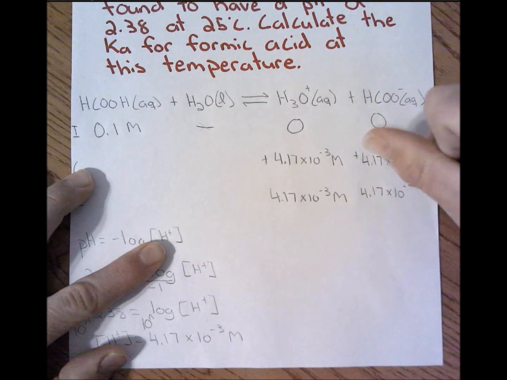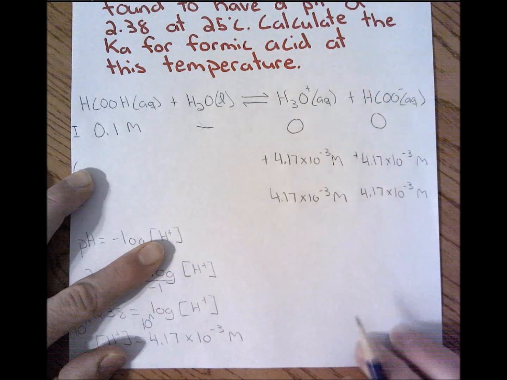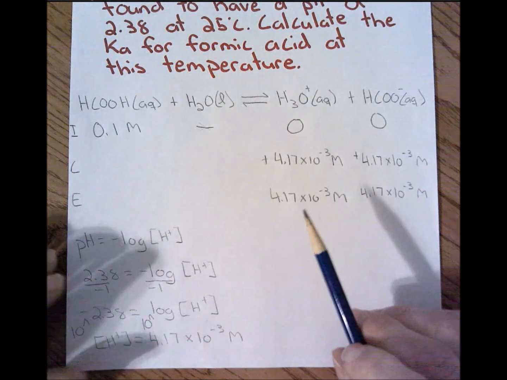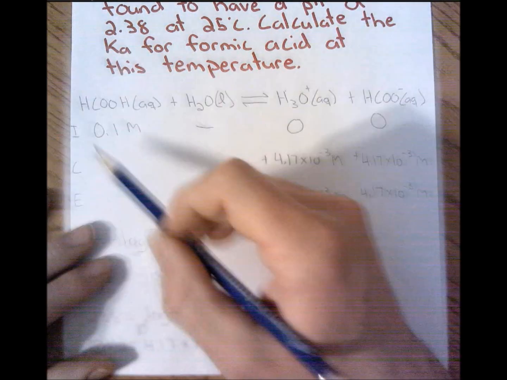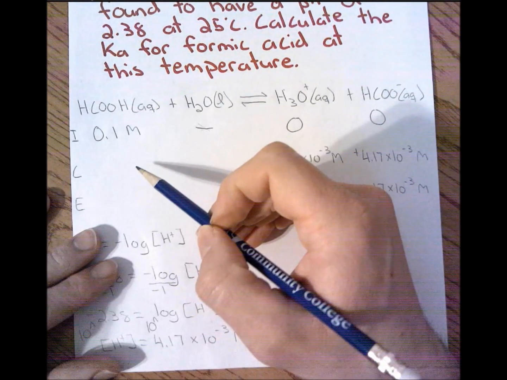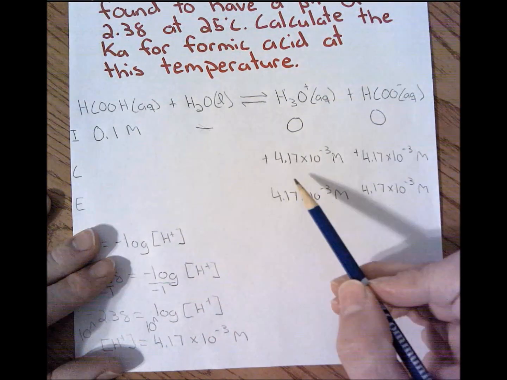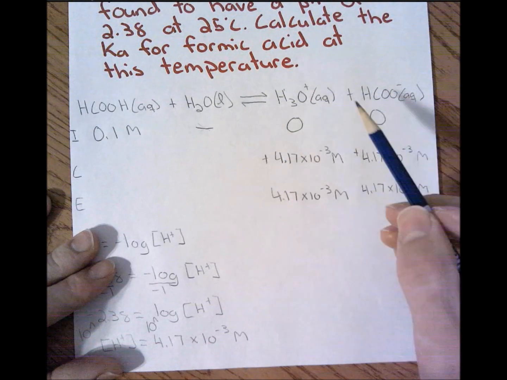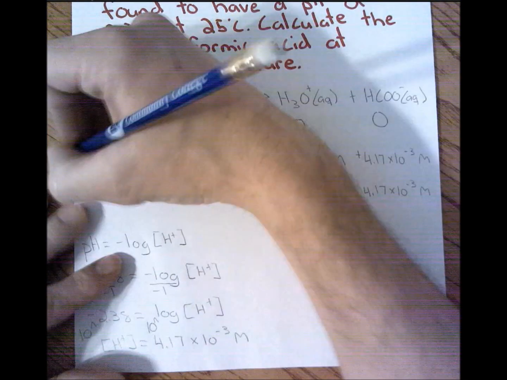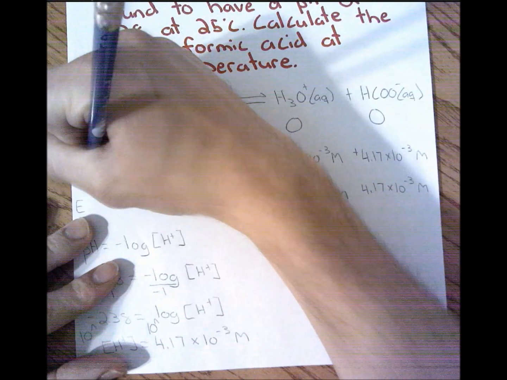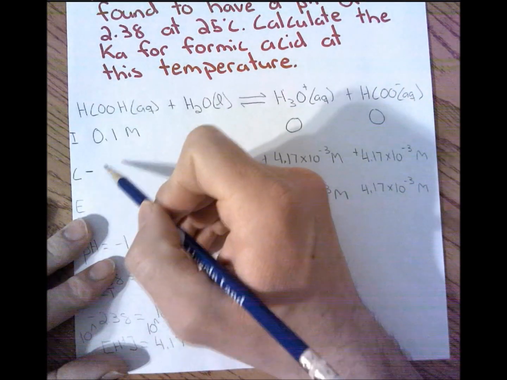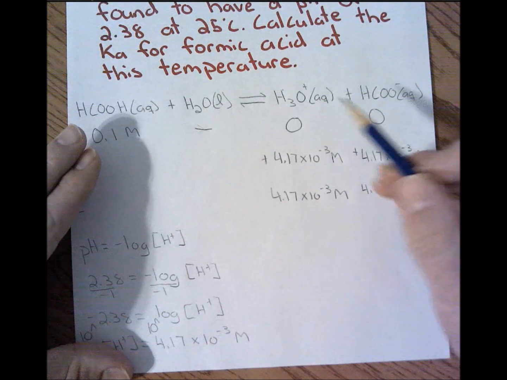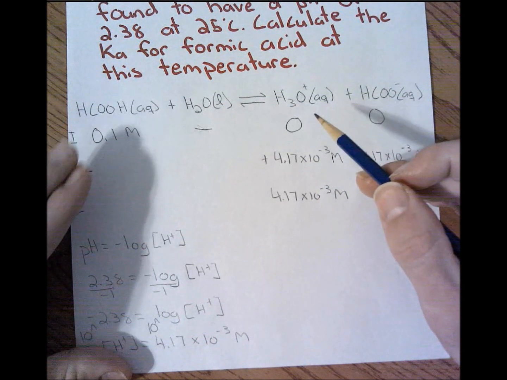Now we need to worry about our value here for formic acid. Now, if we gain 4.17 times 10 to the -3rd because we had a 1-to-1 ratio, that means over here we are going to lose the same amount, and that's all because of the 1-to-1 stoichiometric ratio. So we lose 4.17 times 10 to the -3rd molar.